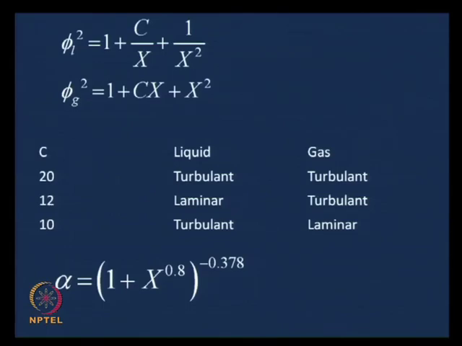So, we find that the value of c is 20 when both liquid and gas are turbulent, the value of c is 12 when liquid is laminar, gas turbulent, c is 10 when liquid turbulent, gas is laminar, and so on and so forth. Okay. And one more has been missed out, c is 5, you can note it down, c is 5 when both liquid and gas are laminar. That has been missed out here, you can just note it down.